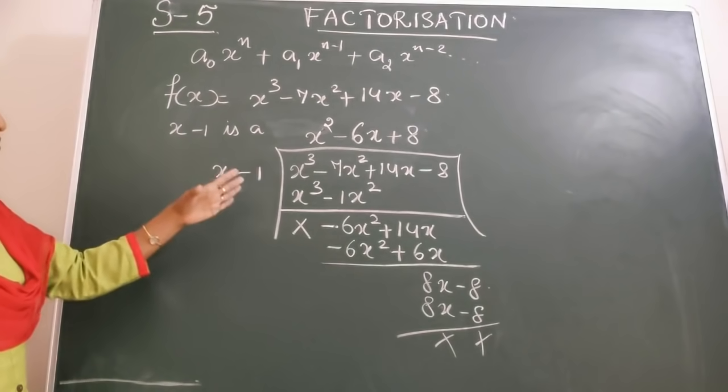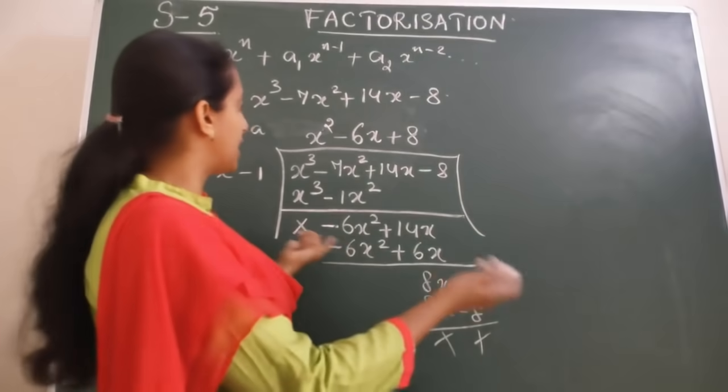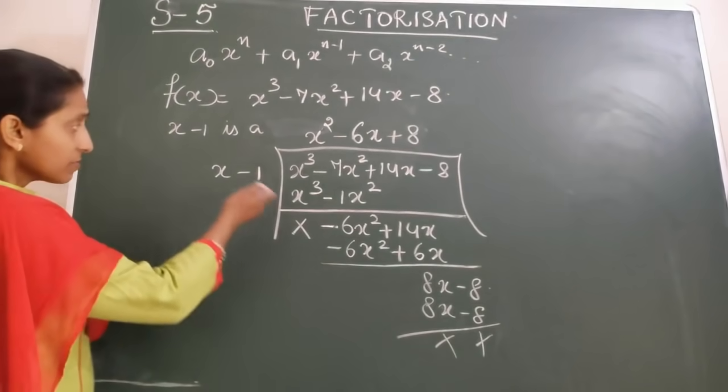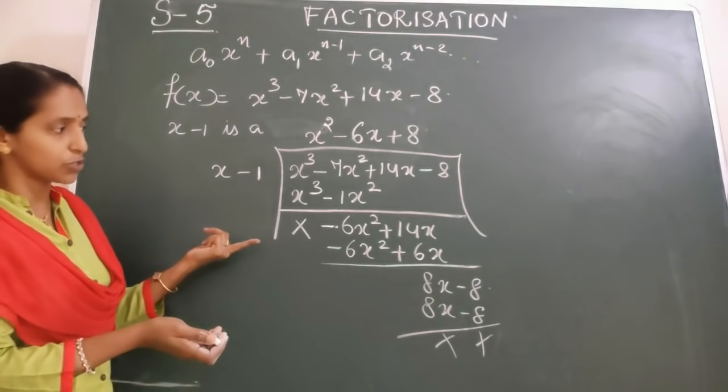Instead of this x minus 1, if you are taking any other term, you can do the same. Instead of x minus 1, if you are dividing the polynomial with x plus 2, check once more.